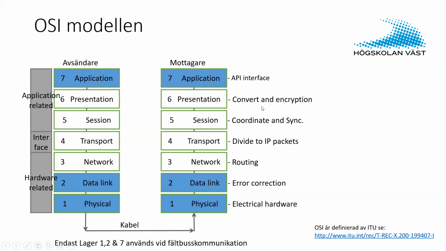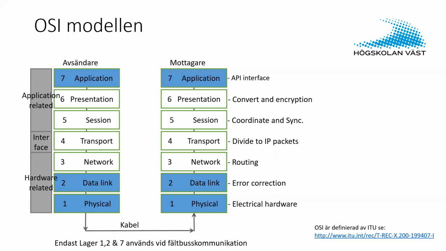And then at the top you have the application level. That's really applications talking to each other. And when you talk about field buses, it's really only a few of these layers that are typically standardized.